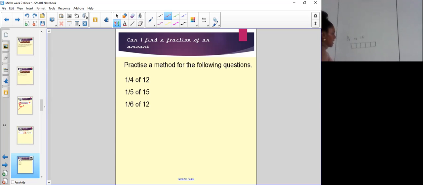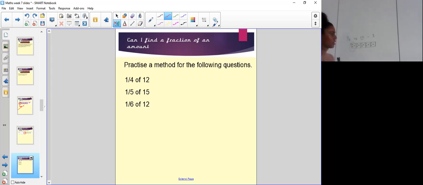And I'm going to split my 15 counters out equally. 1, 2, 3, 4, 5, 6, 7, 8, 9, 10, 11, 12, 13, 14, 15. And then I'm going to focus on just one of those segments, and I know 1/5 of 15 equals 3.